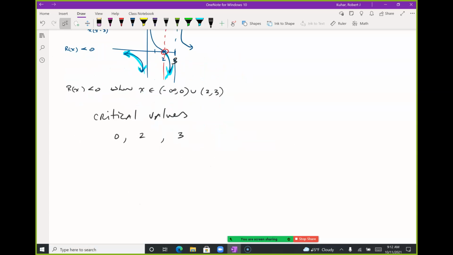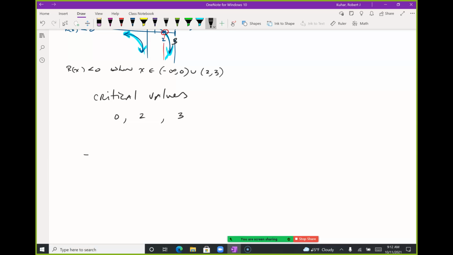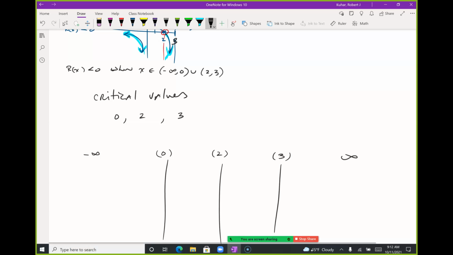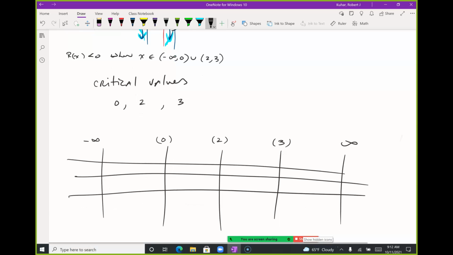And so I set up my sign table. I know I go from minus infinity to 0 to 2 to 3 to infinity. And everything has an open paren on it because I cannot use it, right? And then I want my factors to come up with my rows.